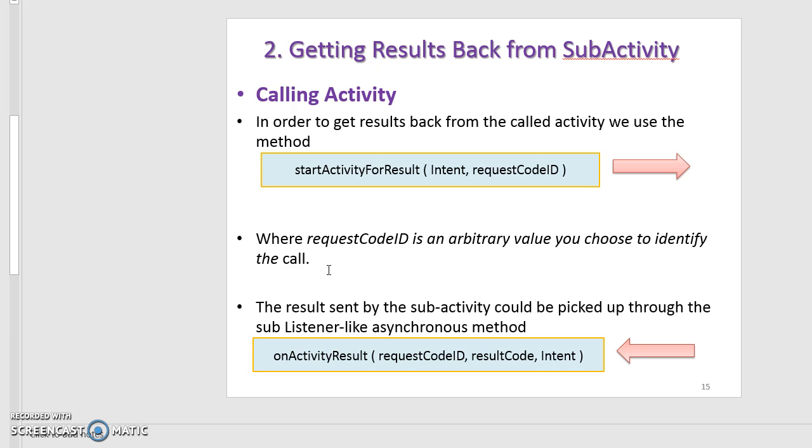Here there are two parameters to be passed: one is the intent and another is the request code. When we are passing the intent, we can also add the data that we want to pass from the main activity to the sub activity, and this request code will be used for fetching the data that the child activity has sent to us. We will see how we do that.